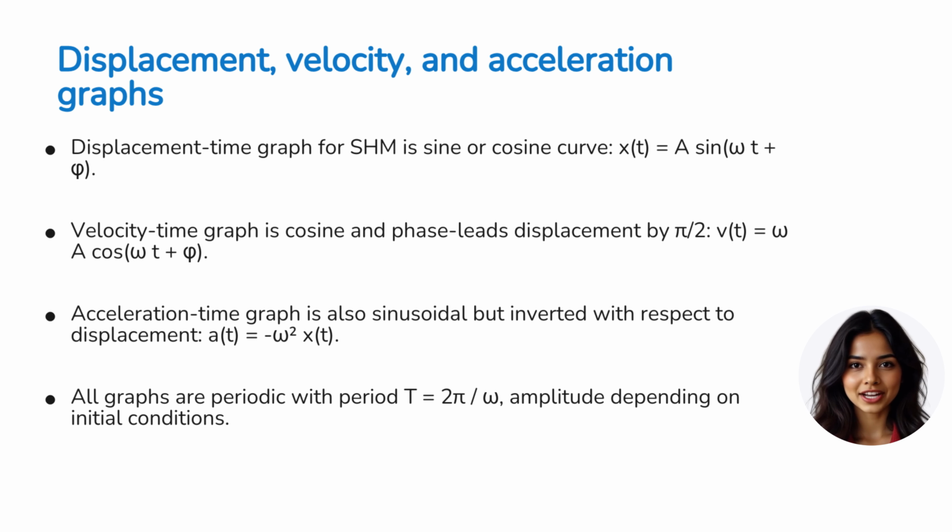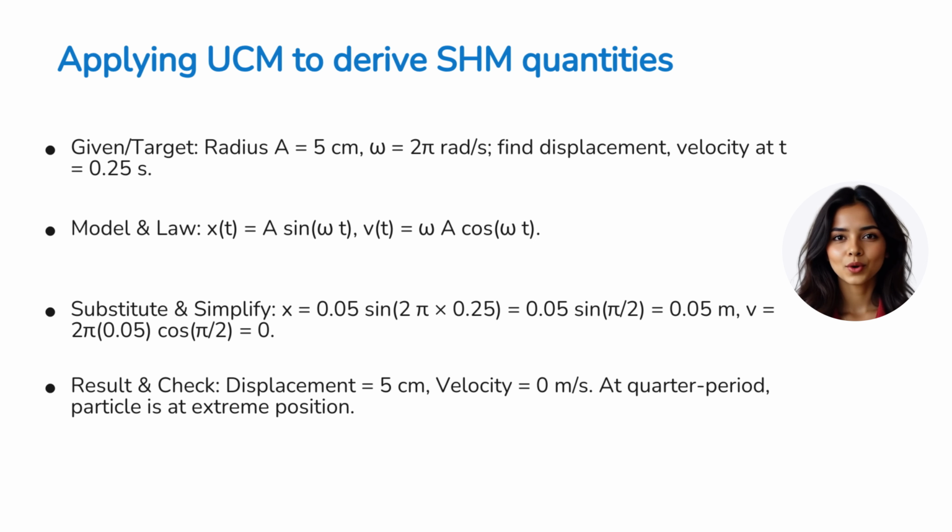All these graphs share the same period, T, indicating exactly how long one complete oscillation takes. The amplitudes vary according to initial conditions, but the periodic nature and phase relationships remain consistent, helping us predict the motion at any instant.